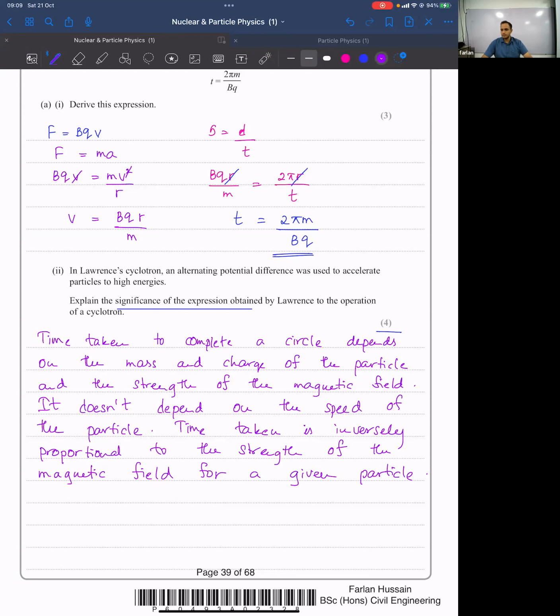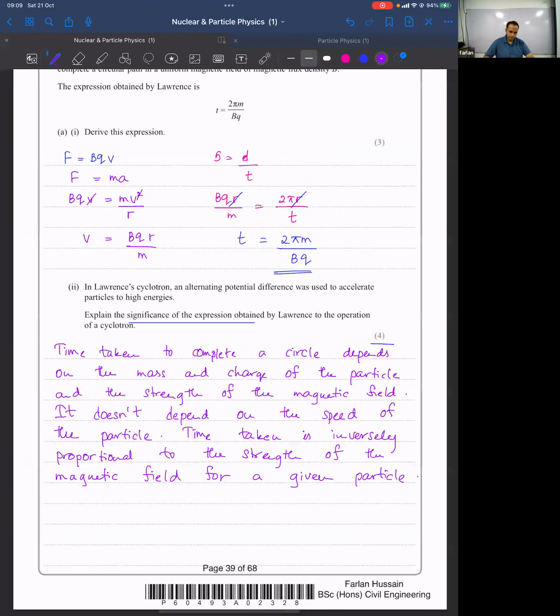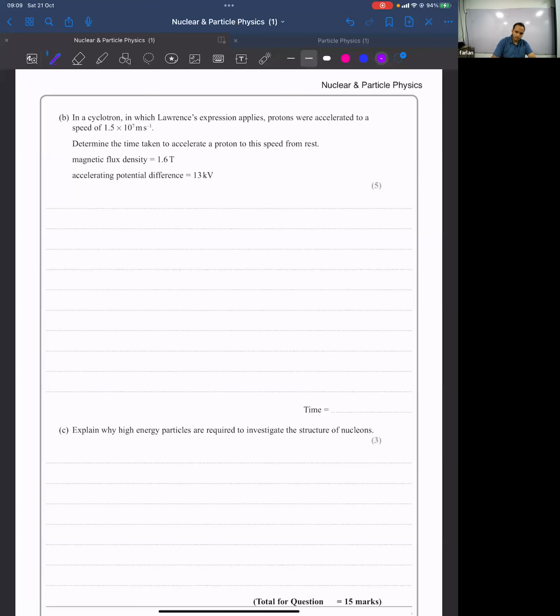Time taken is inversely proportional to the strength of the magnetic field for a given particle. That's enough.